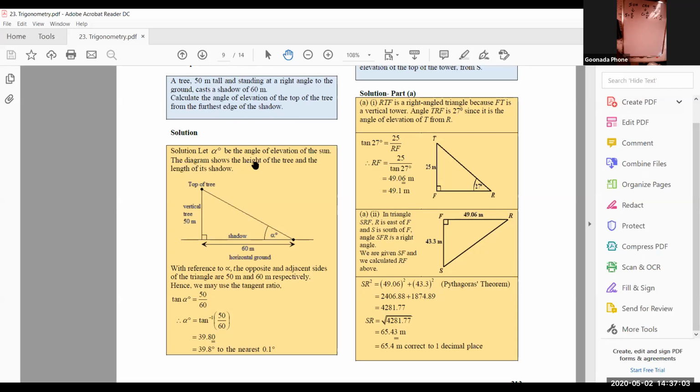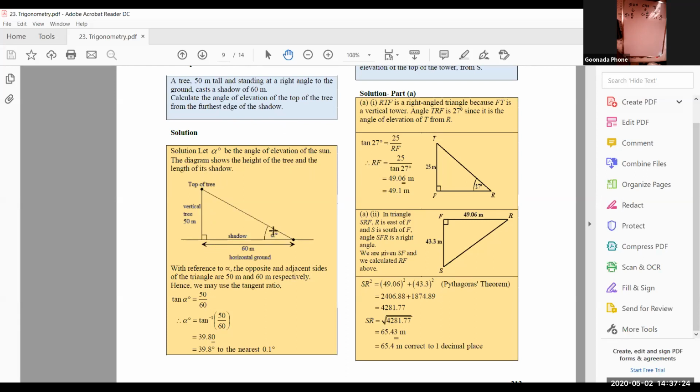The diagram shows the height of the tree and the length of its shadow. So this is the height of the tree, 50 meters, and this is the shadow, 60 meters, as you can see here. So the top of the tree to the end of the shadow will form angle A here.